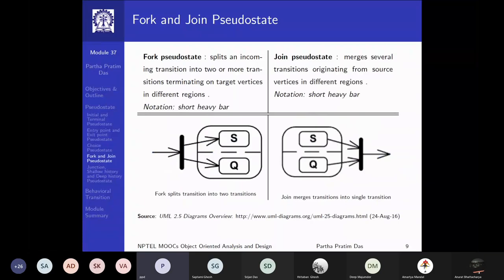Similarly, you could have pseudo states like fork and join. So these are states, but this is a pseudo state, the fork state, where you say the transition comes, the control comes in here in my AND, then both of these trigger simultaneously. So we saw these concepts in terms of the activity transitions between those activities.